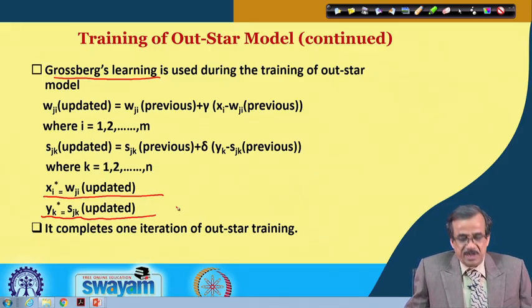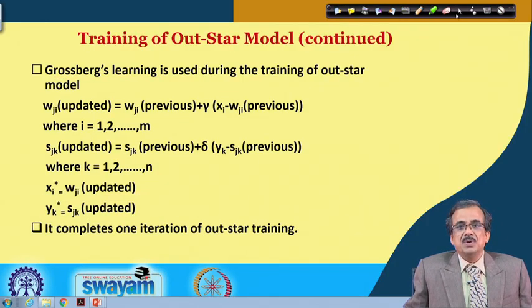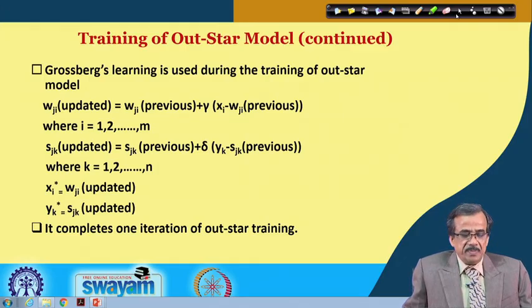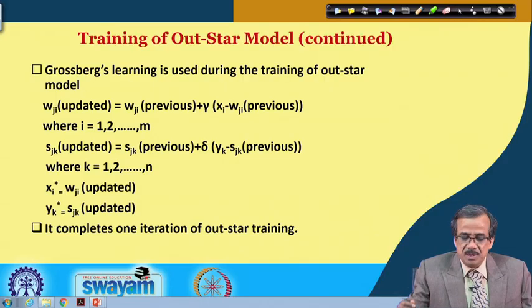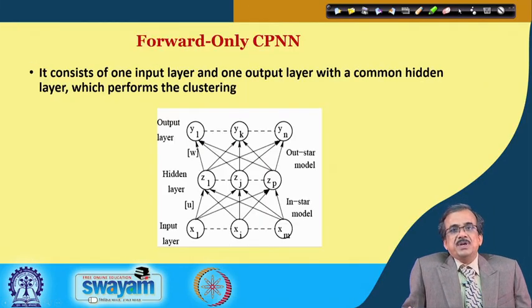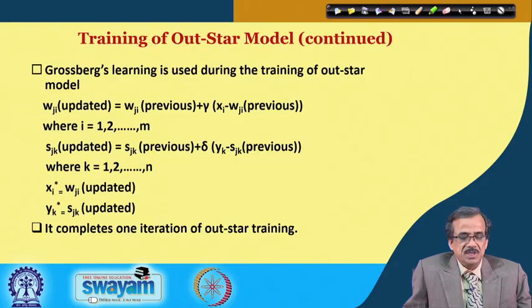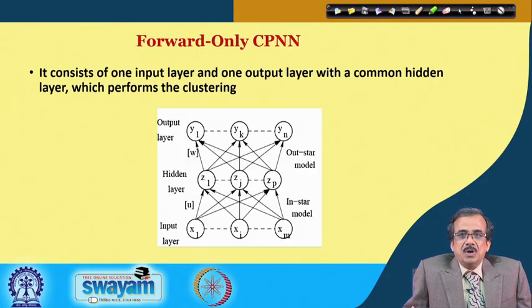Once you have completed this instar training and the outstar training, we are in a position to find out what should be the output for a set of inputs. To implement this, we are going to solve one numerical example, but before that let me concentrate on another possibility of this CPNN, that is the forward only CPNN.